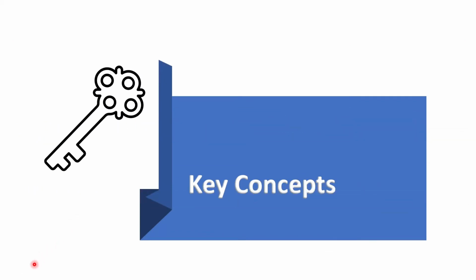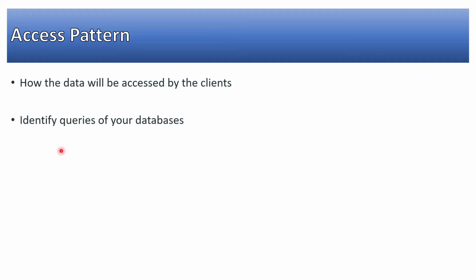Let us start with the first key concept here. Access pattern, as you can recall from the previous video in this series where I talked about the importance of access pattern. So let us see how the data will be accessed by the clients. It could be a mobile client, it could be a web based client, or it could be reporting requirements also. So in that case you should consider the access pattern and identify queries of your database.